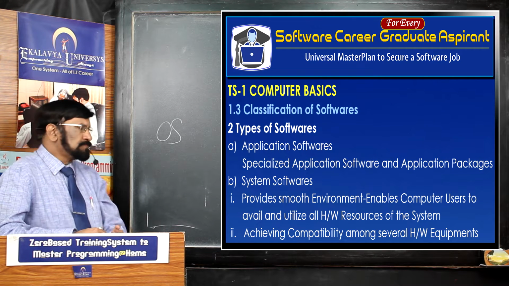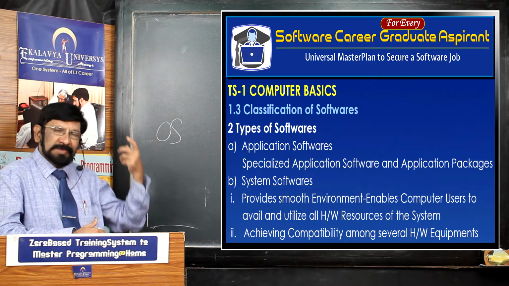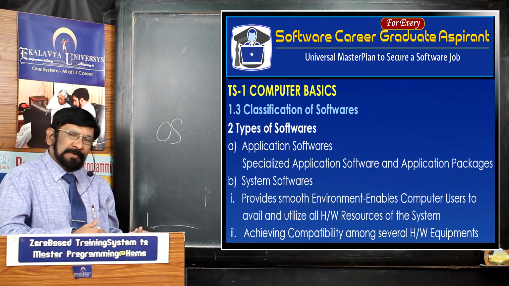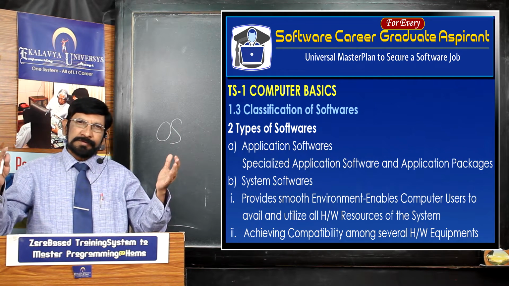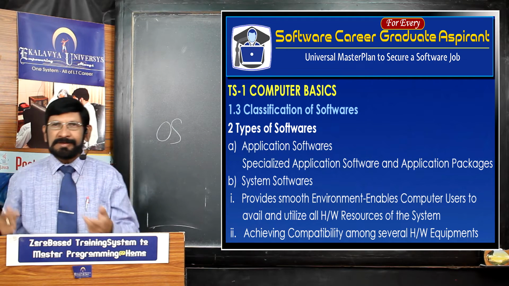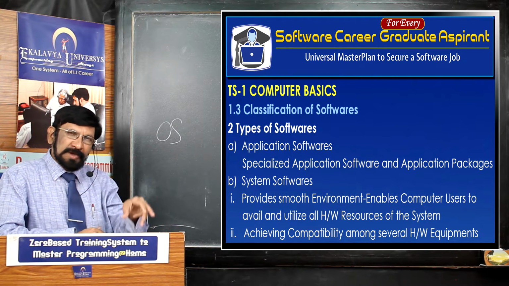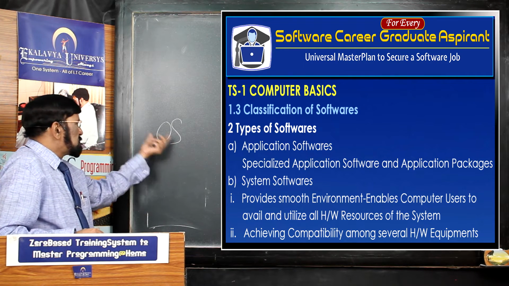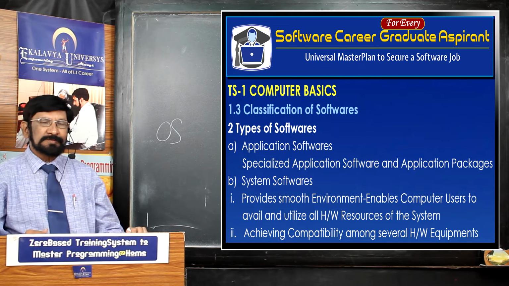Already explained to you. Then, for that purpose, what is prime? The CEO of the system is the operating system. Without an operating system, it is like a big office with different departments without a manager. Without a manager, there is no coordination. There is no synchronization among the works and all that. Nothing will be done. So this operating system acts like a CEO. That is also a system software.